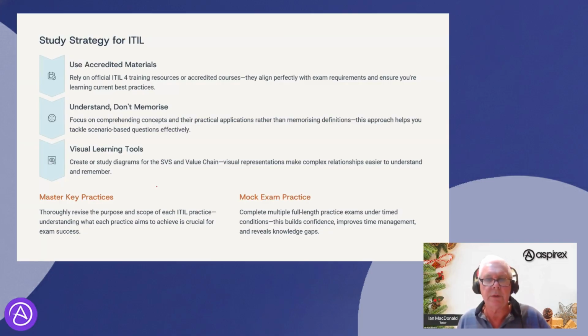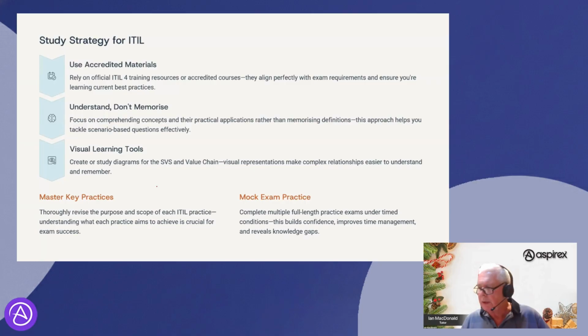So if you particularly learn visually, sketching things out and writing things down makes you more likely to remember them in the cut and thrust of an exam.